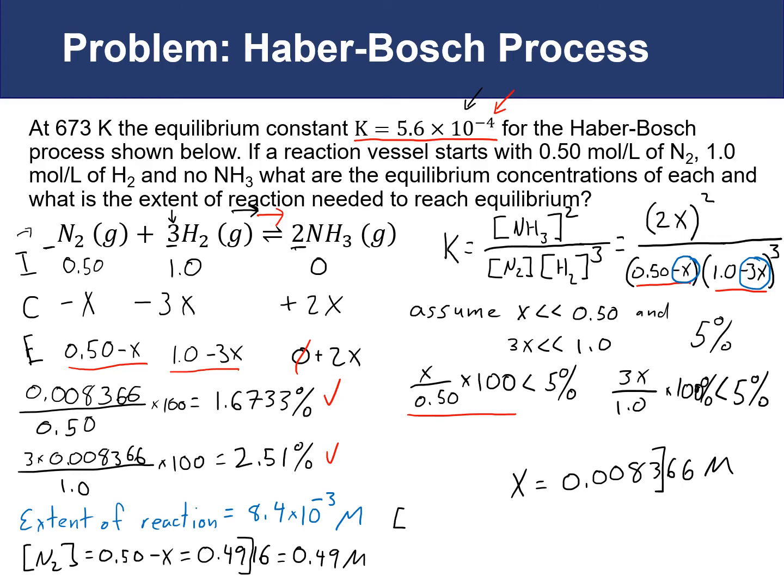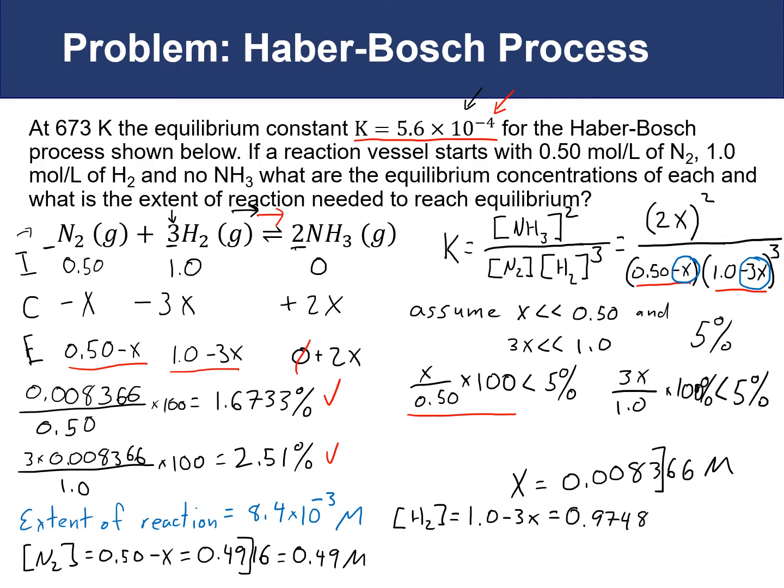Our concentration of H2 would be equal to 1.0 minus 3x. So if we plug in our x value for that, so 1 minus 3 times our 0.008366, we will get 0.9748.